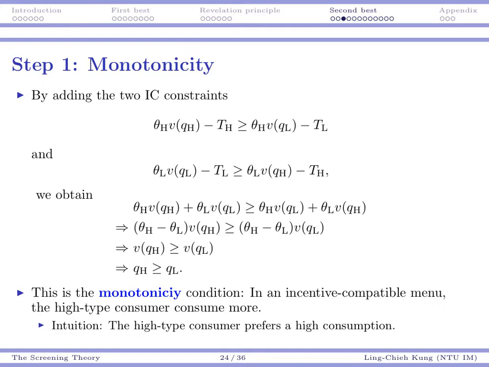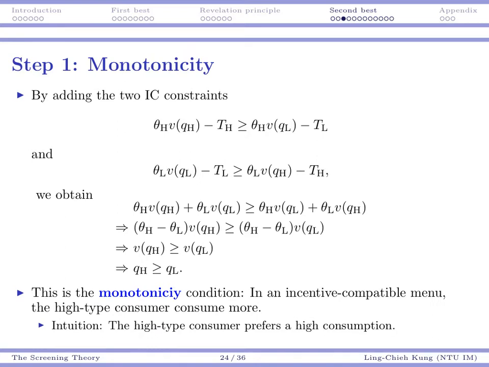Then we do some arrangements. Let me put the two terms with V of QH together. So I'm going to take this term to the left hand side. I can get something like this. And similarly, I will get something like that in the right hand side. Because theta h minus theta l is positive, I can remove them. And then I can get something like this: V of QH will be greater than or equal to V of QL.